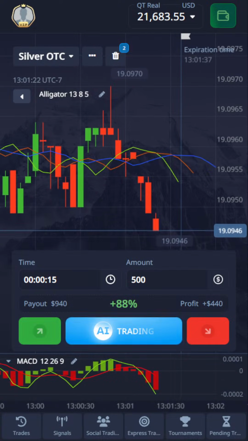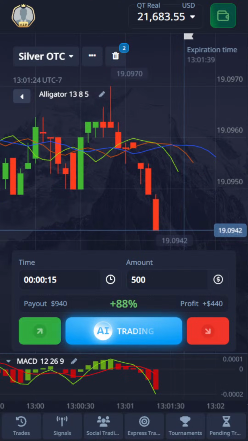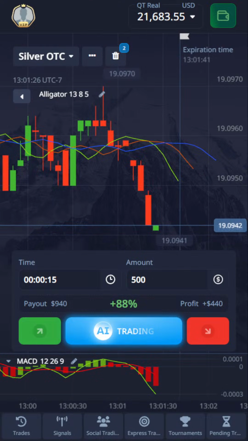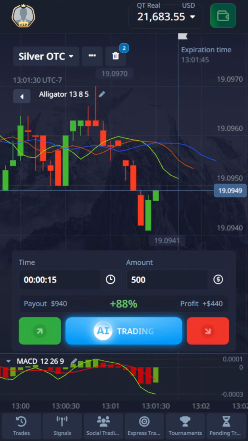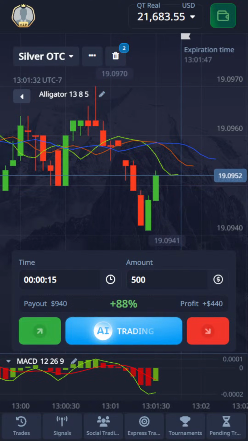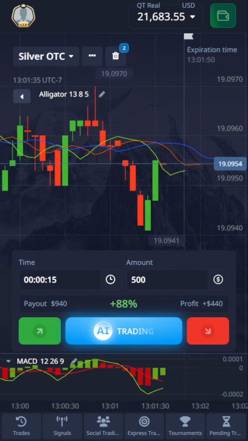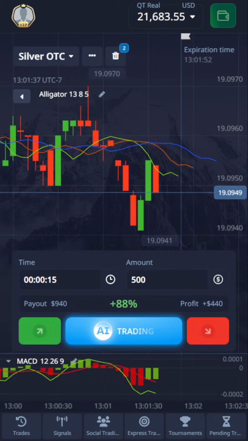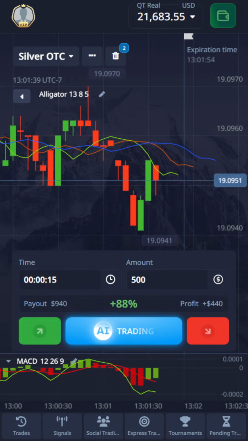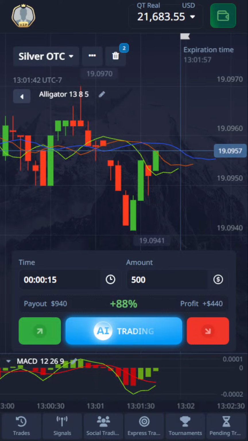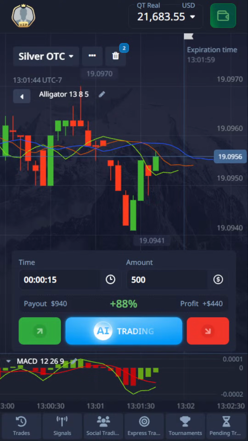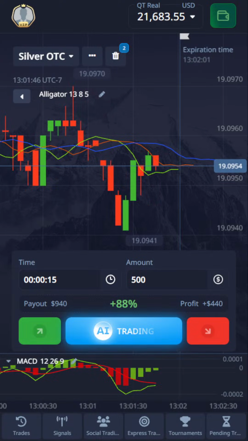Then the consistency. When we are looking at binary options trading, or I should say when we are scalping, we always have to know that we are dealing with short term.